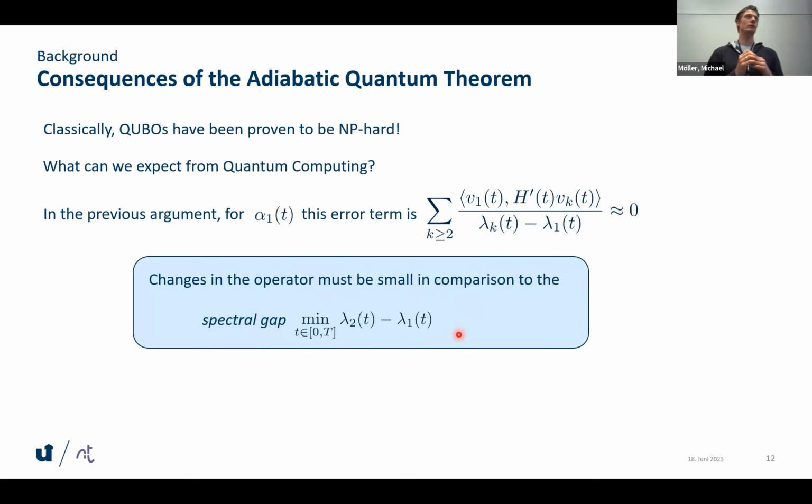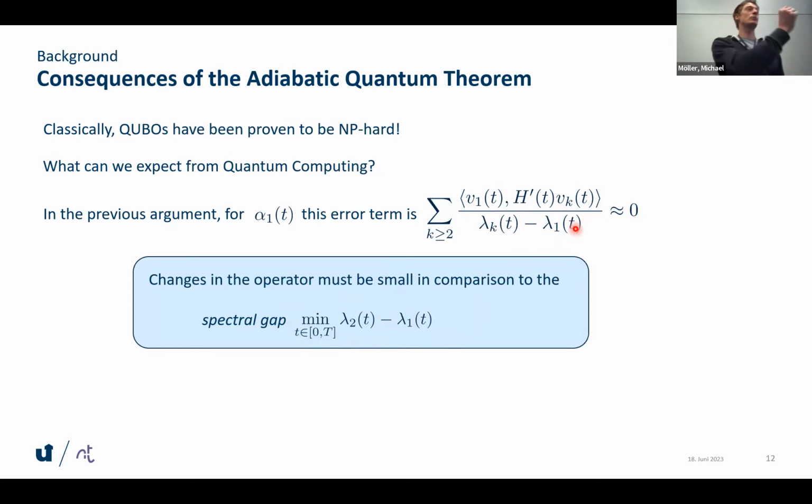All right, and now you can even start discussing computational complexity of this approach, quantum annealing. Namely, is it NP, in some sense, NP hard in the quantum world? This is now very inaccurate, but if we think about being NP hard as something like we expect exponential runtime in order to solve these problems, then, well, it's related to whether this spectral gap here closes so fast that this error term here, or sorry, the 1 over the spectral gap, grows exponentially.